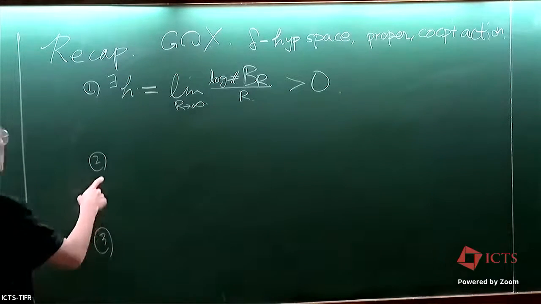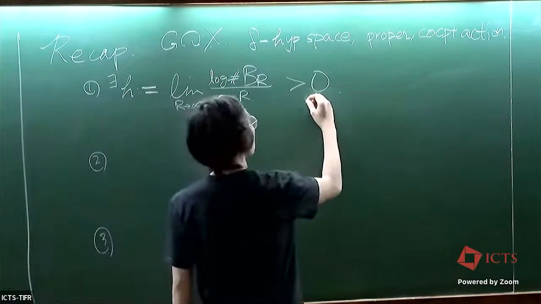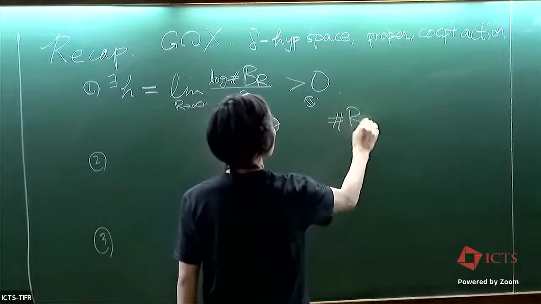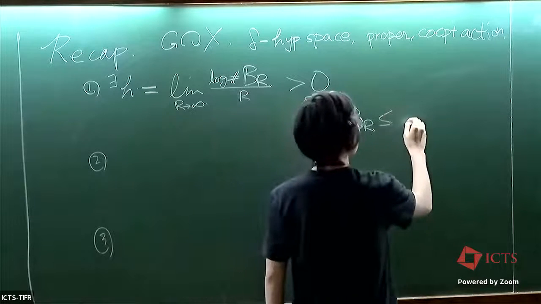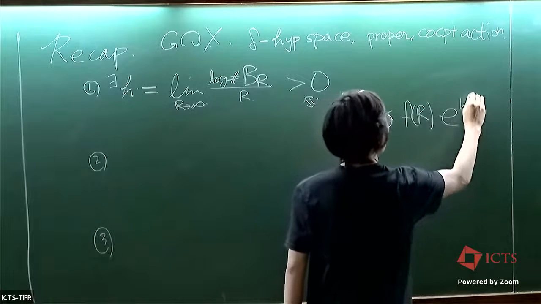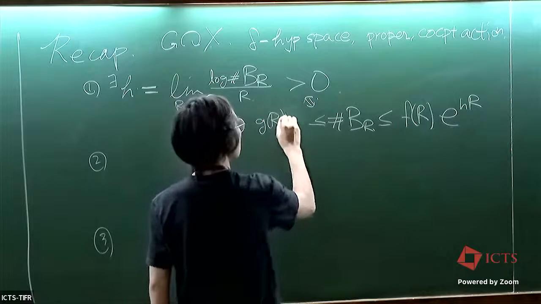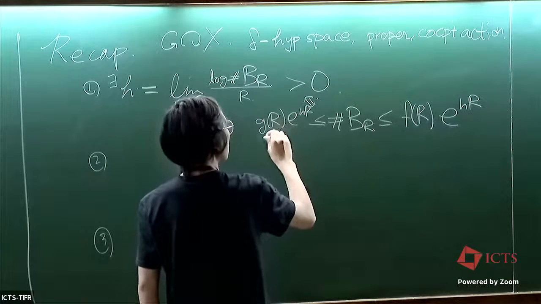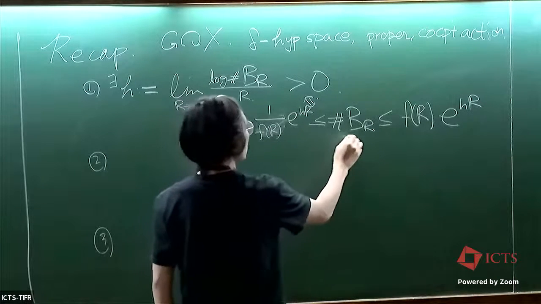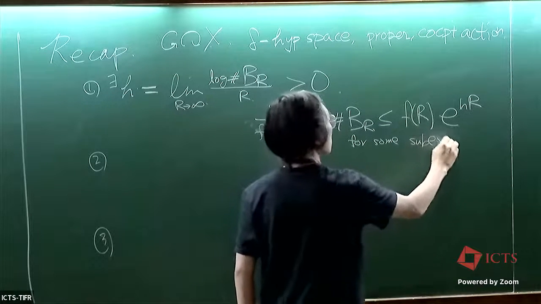And the second step was, to rephrase it, we want to estimate this number. It is bounded by two functions, where this is an exact exponential function, but this is bounded by two functions for some sub-exponential f.